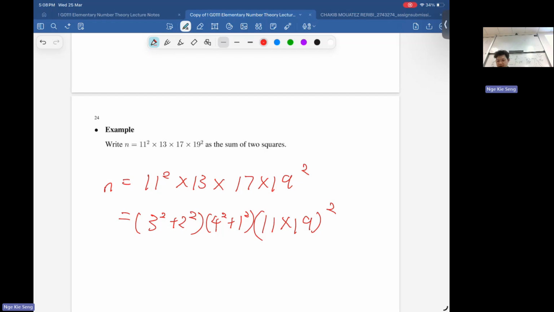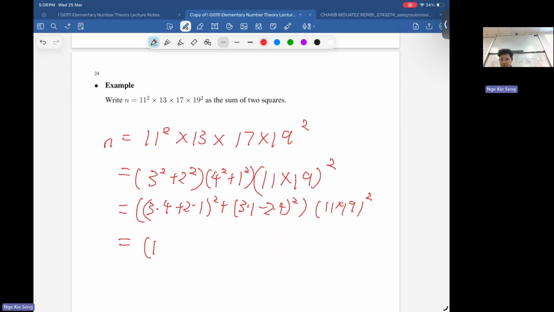And then we can combine the products of sums of two squares. For example, 3 times 4 plus 2 times 1, and 3 times 1 minus 2 times 4 squared. Then this will become 14 squared plus 5 squared. But then what are you left with?